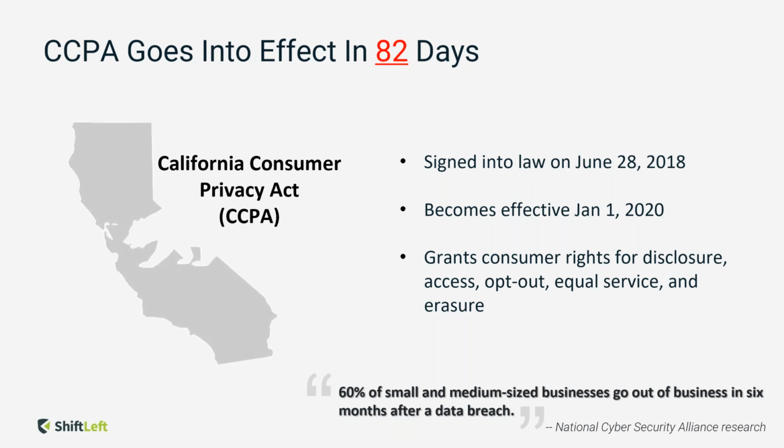So rights for disclosure on what information is maintained on a particular customer, having the right to access that data, having the right to opt out of that data being collected on them. One key differentiator for the CCPA is the right of equal service. This means if a consumer were to opt out of the data being collected, that doesn't mean that consumer gets a different or a lower quality of service, and also the ability to have that data erased.